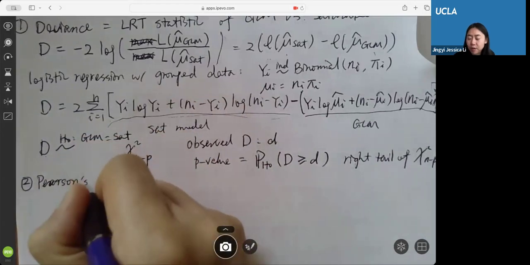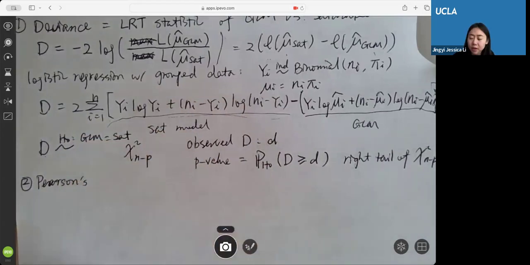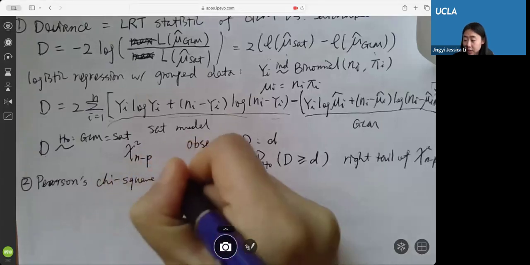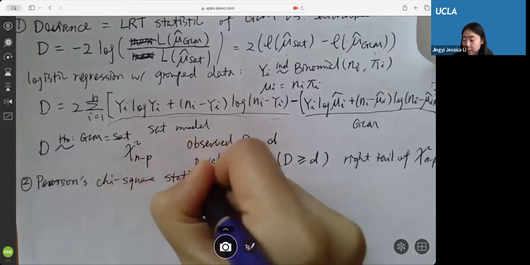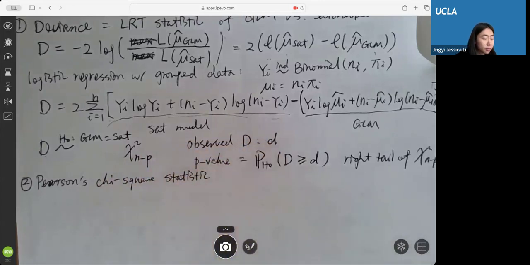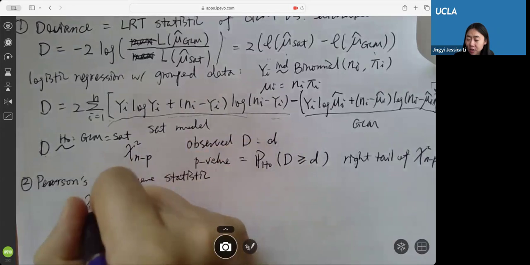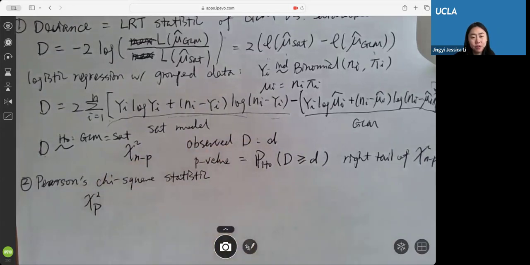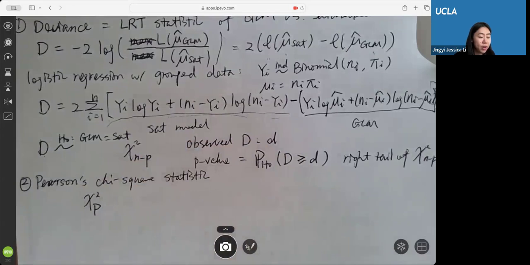For this problem, his statistic is called Pearson's chi-square statistic. It has a general definition, which I just call chi-square, and now you write big P to mean Pearson. But don't confuse this with the chi-square distribution. This is a chi-square statistic. We just follow the convention to write it that way.